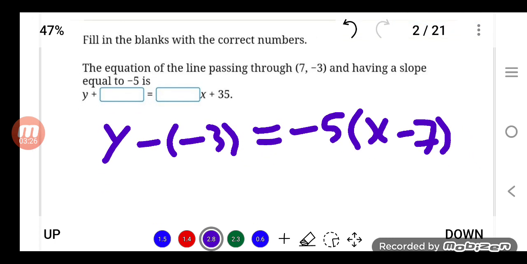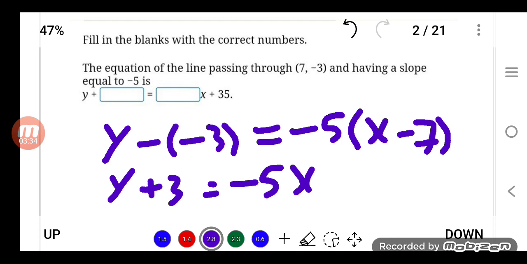Now, if you simplify that equation, y plus 3 is equal to negative 5x plus 35, which means you write here negative 5 and you write here 3, and that is the answer.